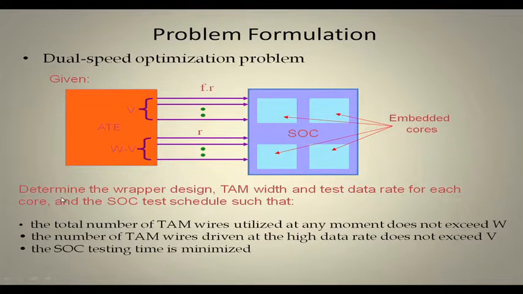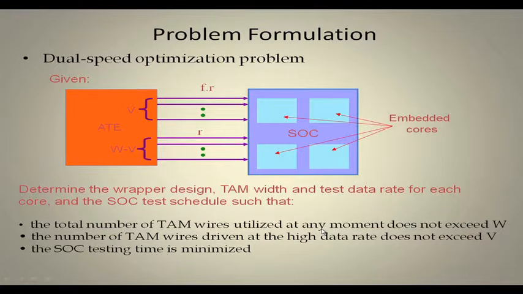The problem is to determine the wrapper design for individual cores, TAM width and test data rate for each core. So, at which rate it should be tested, at the lower rate r or at the rate f. That rate has to be chosen, and the SOC test schedule such that the total number of TAM wires utilized at any moment does not exceed W.